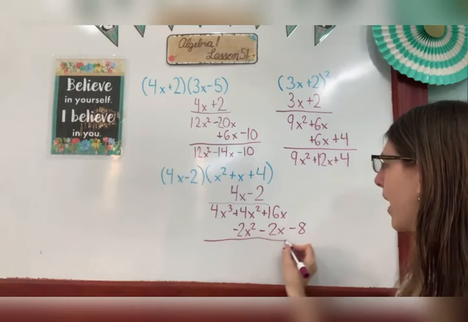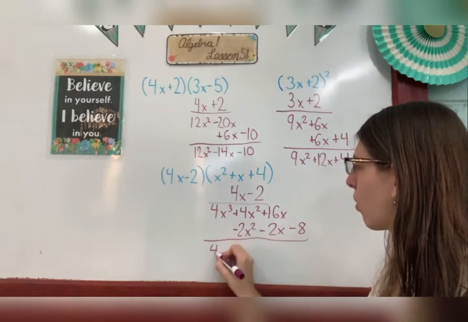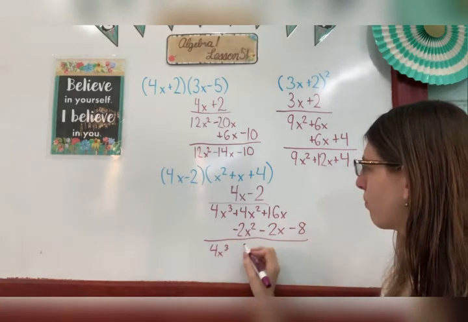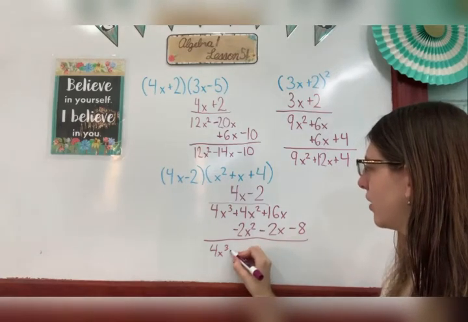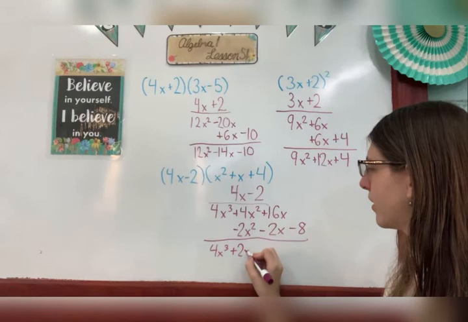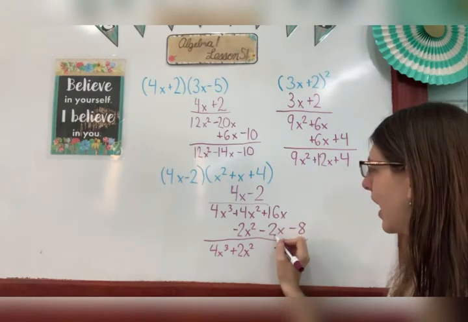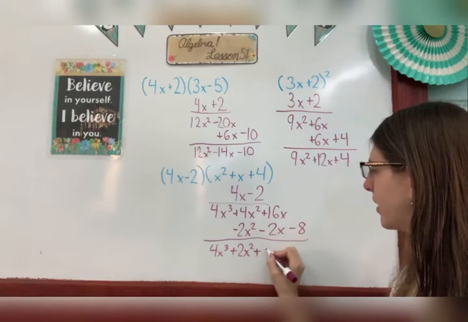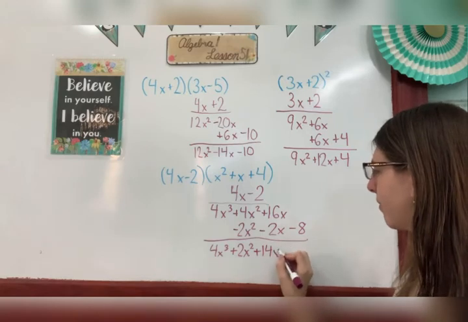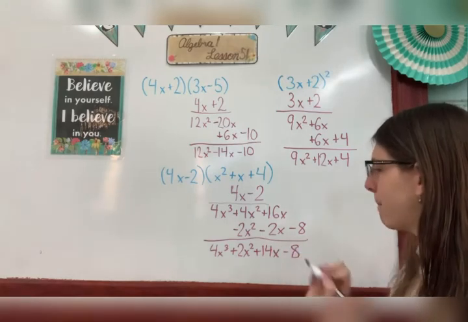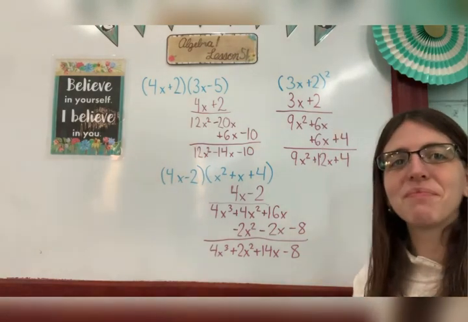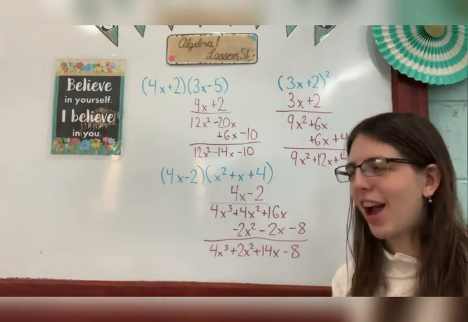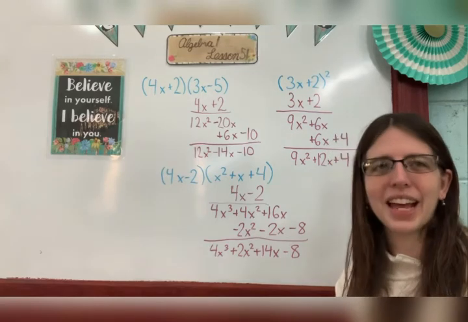And now I can combine them. 4x cubed. 4x squared minus 2x squared is positive 2x squared. 16x minus 2x is positive 14x minus 8. Okay, that's it. Go ahead and try now your practice on page 189.